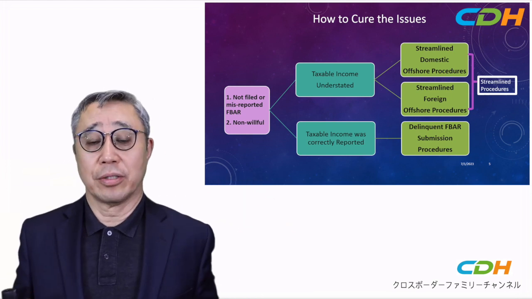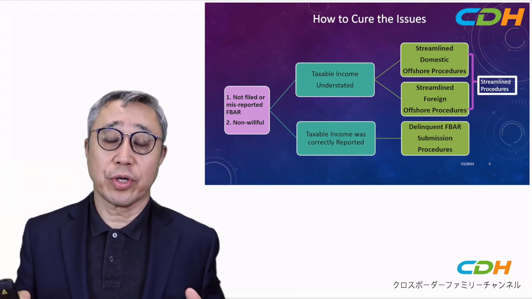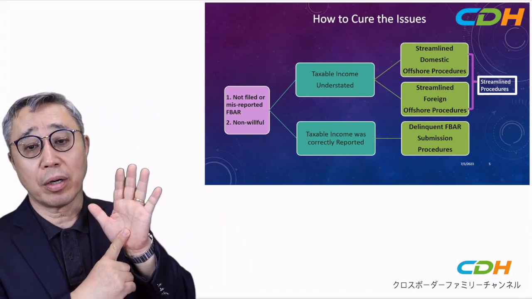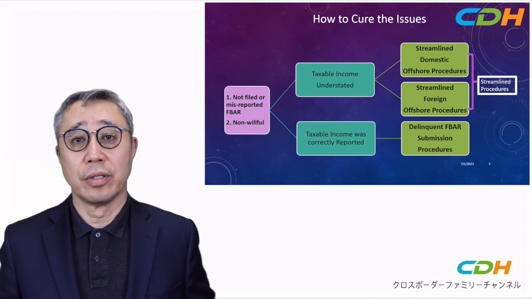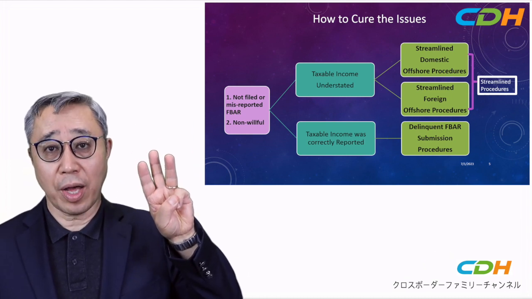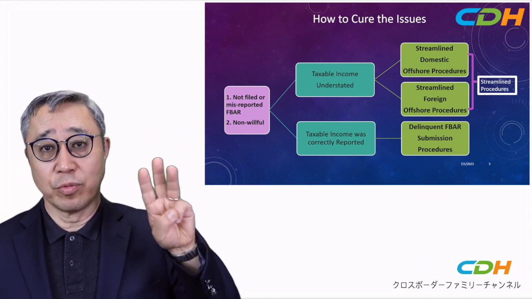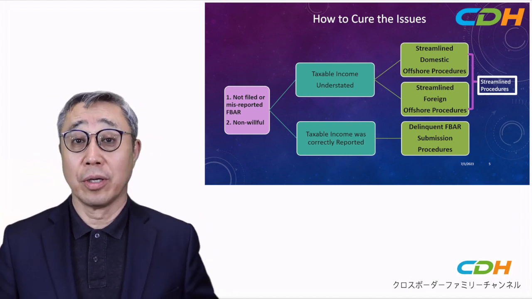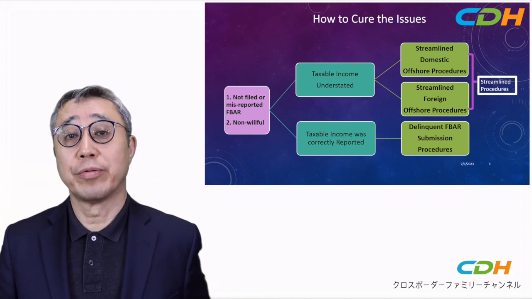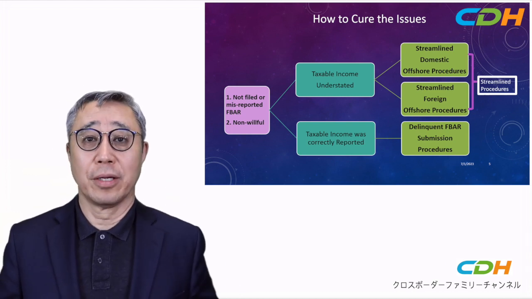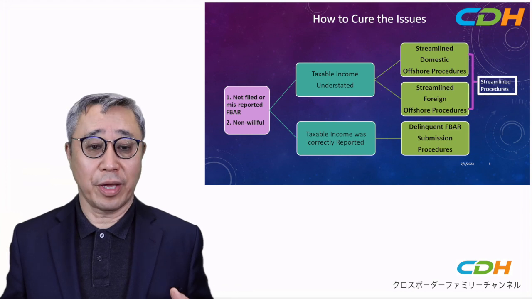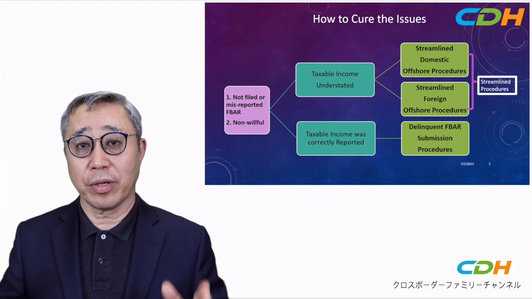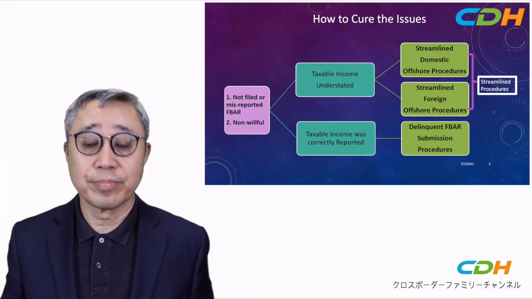In a nutshell, streamlined procedure requires 6 years of FBAR reporting, 3 years of amended 1040s, and a non-willful statement. You need to document and submit the non-willful statement in a particular form.